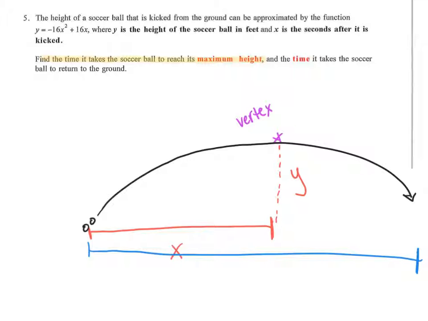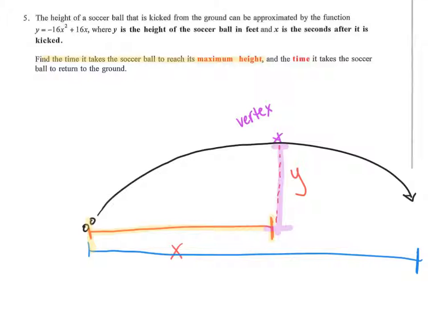So it is asking me for this right here. How much time, because they tell me x is the number of seconds. They want to know what x is equal to so that it reached its maximum height. And the maximum height is y.